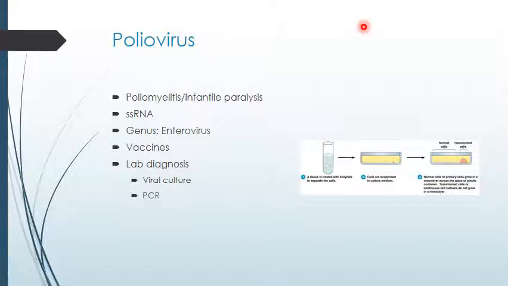infection. But remember, this is an RNA virus. So what do RNA viruses do? They mutate. And if I give you this vaccine, which is an oral, it's a little drink that you have, but you have to be over a year old in order to have the oral vaccine.